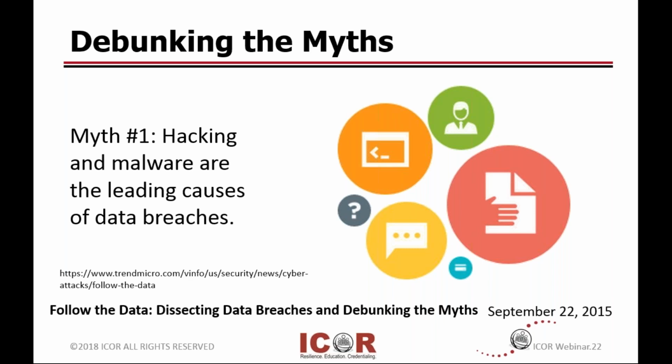Overall, it accounts for 41% of all breaches compared to the 25% caused by hacking and malware. Companies often overlook the type of sensitive information stored on their employees' laptops, their mobile devices, and even thumb drives. And if any of these devices get lost, stolen, or left unprotected, they become an easy way to steal data.